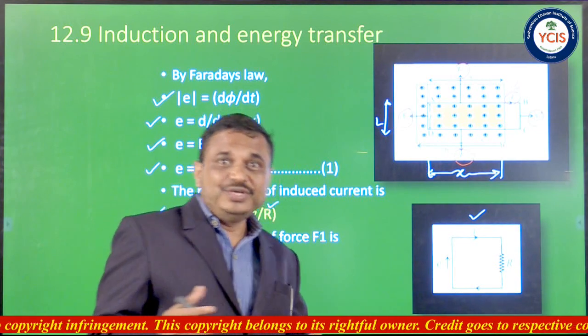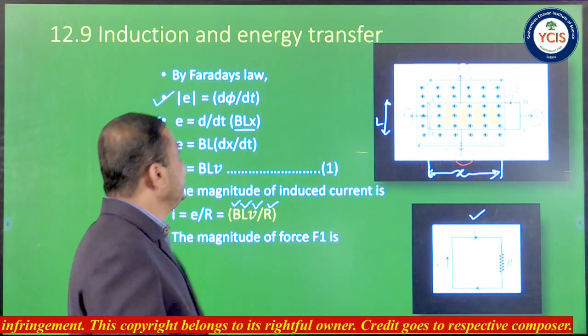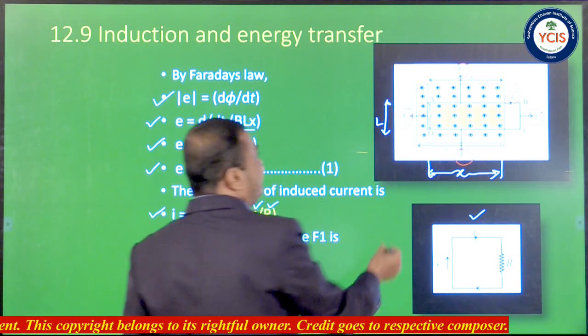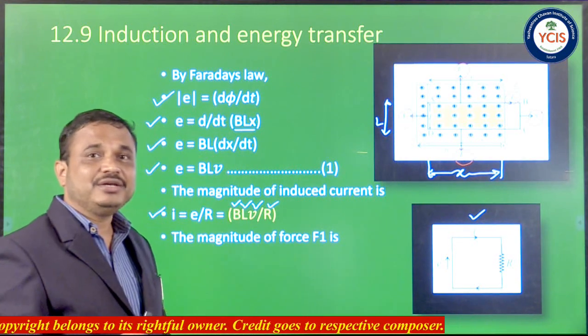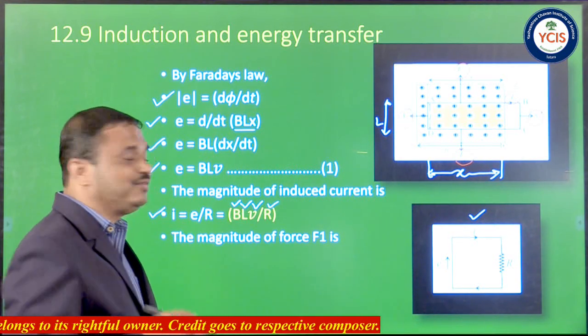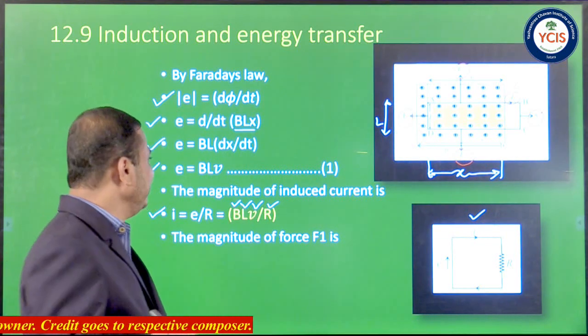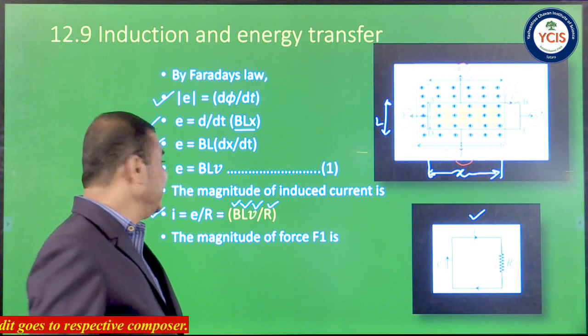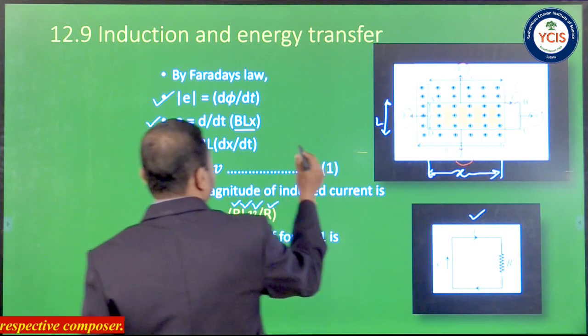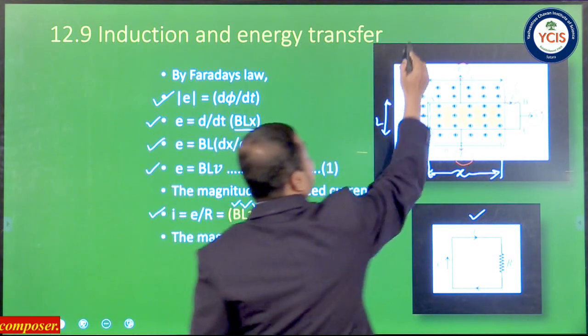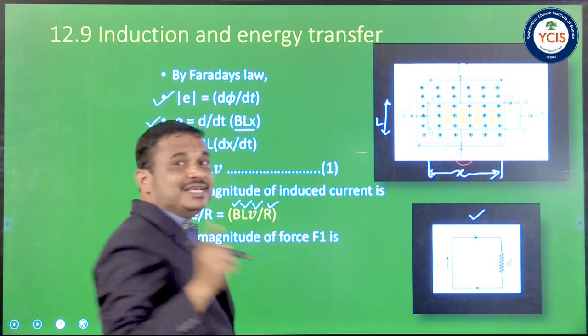Here we discussed previously that an unbalanced force F1 will act on that loop. In a previous standard we saw the general expression for that force: F equals ILB sin theta.